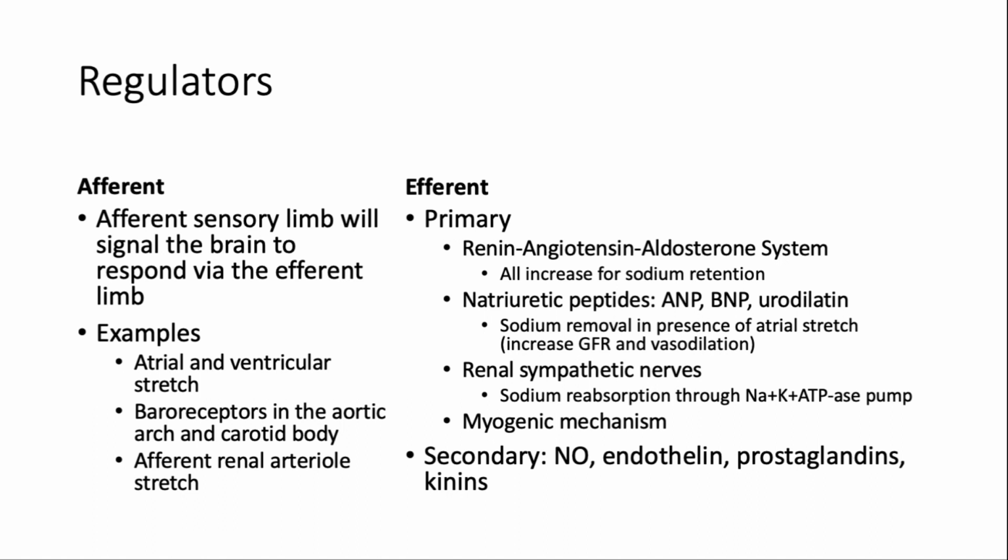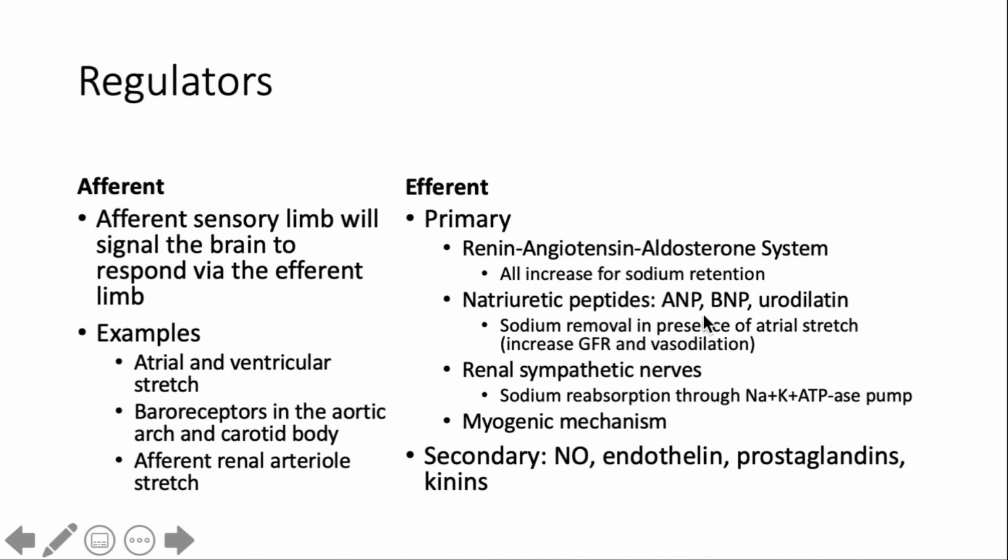Now, as far as the efferent, this is what the response is going to be. So we're going to have a balance between the renin-angiotensin-aldosterone system and the natriuretic peptides. So the RAS is going to increase sodium retention. We want to hold on to sodium and water. Natriuretic peptides are going to cause natriuresis, which is the removal of sodium. So when these two are in balance, we're great.